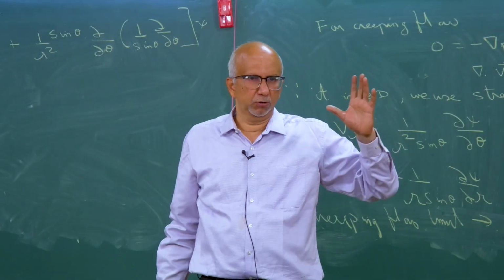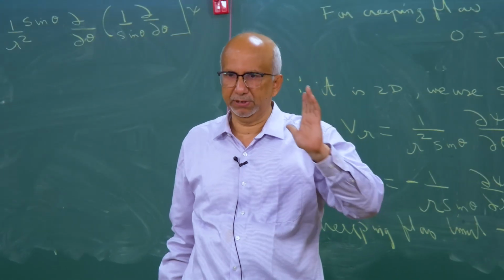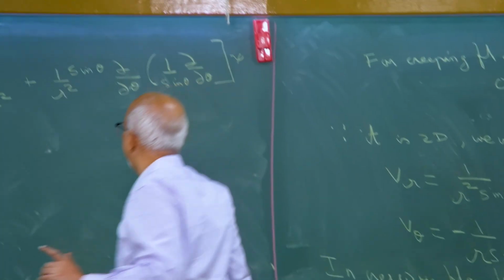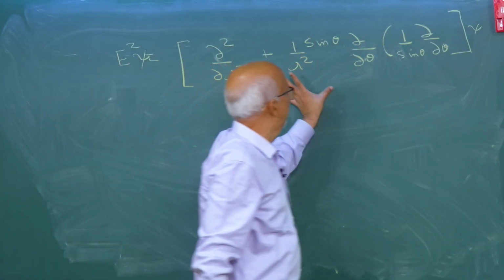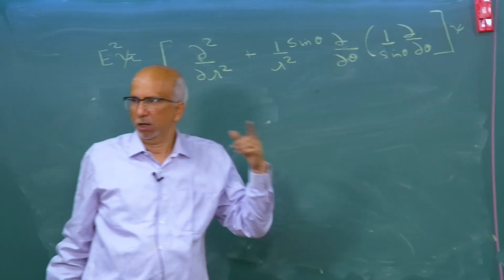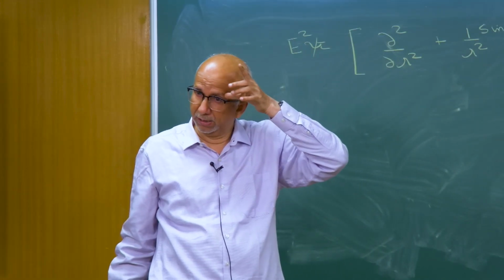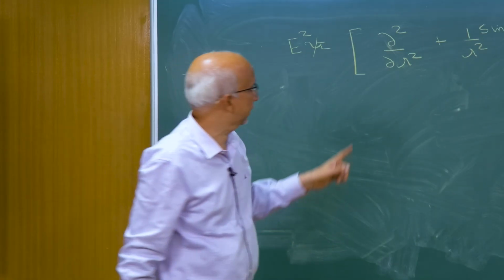When I say E squared psi, E squared is an operator which is acting on the stream function psi. It is defined as this differential operator acting on psi, and you do this exactly for spherical coordinates like what we did for the other two coordinate systems yesterday. That is how you would get this.